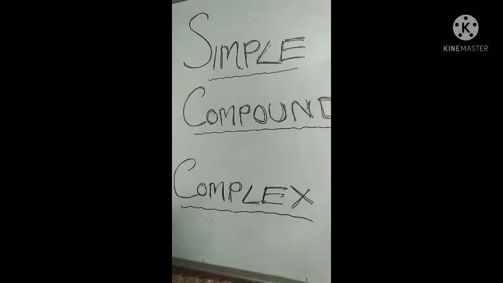Here also two sentences are there, connected to one another with a coordinating conjunction. If we can remember the coordinating conjunctions, we can easily recognize a compound sentence. What are the coordinating conjunctions?